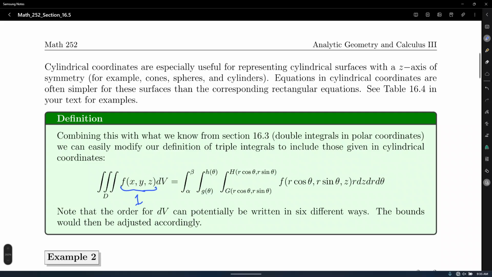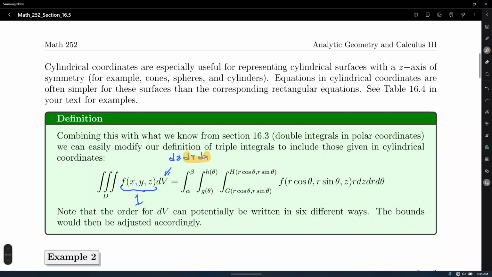What about the limits? So number one, when we change the coordinates from rectangular to cylindrical, dV, which is dz dy dx, well, because again, the cylindrical system is exactly the same as the polar, but in space, where the z is still equal to z.